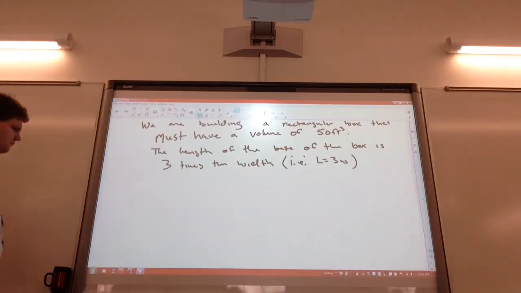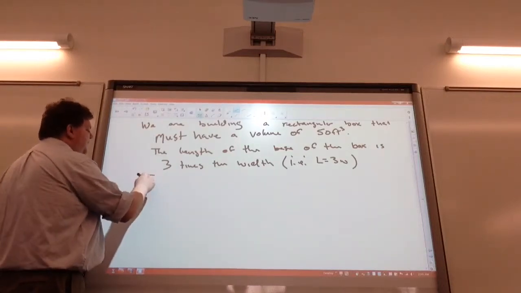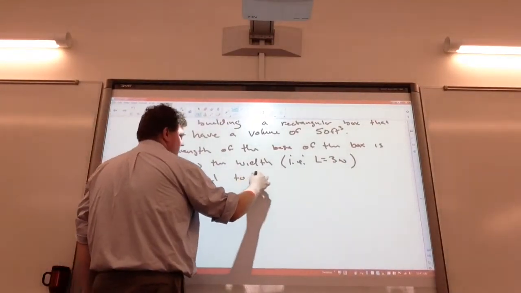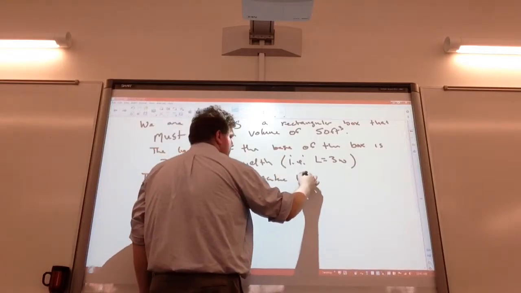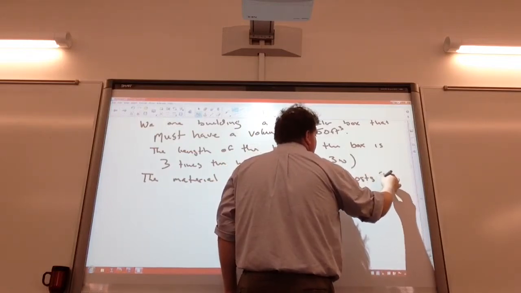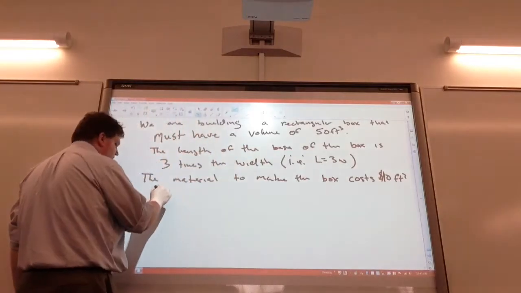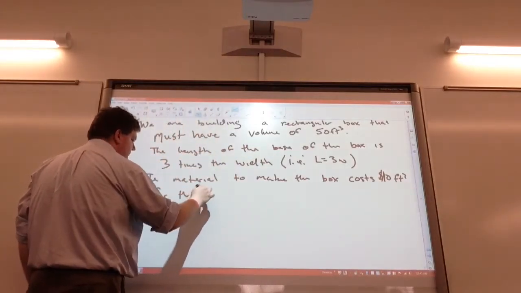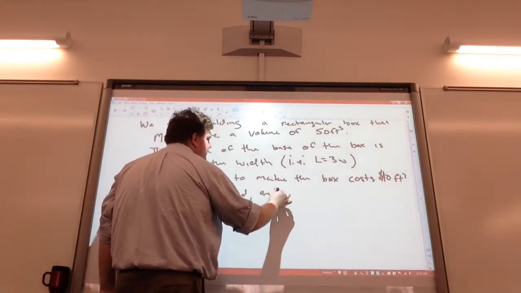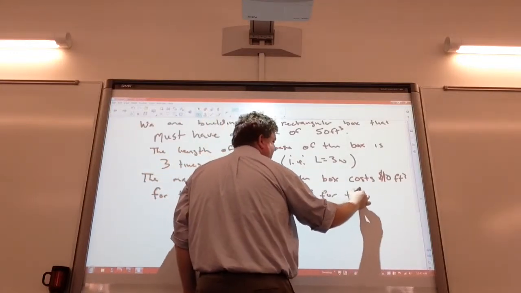The material to make the box costs $10 per square foot for the base and lid, and $6 per square foot for the sides.